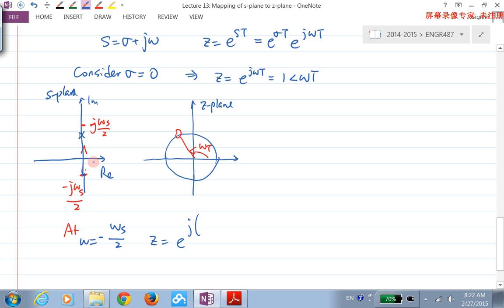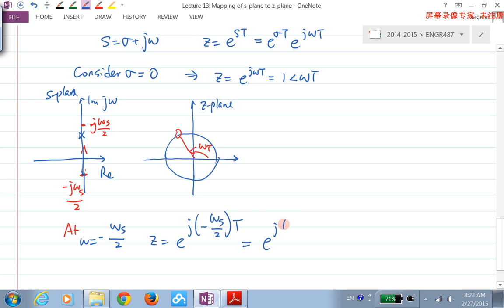This axis is the j omega axis, so basically I replaced omega with negative omega s over 2 times capital T. And what is the relationship between omega s and the capital T? 2 pi over capital T is omega s, the sampling frequency.